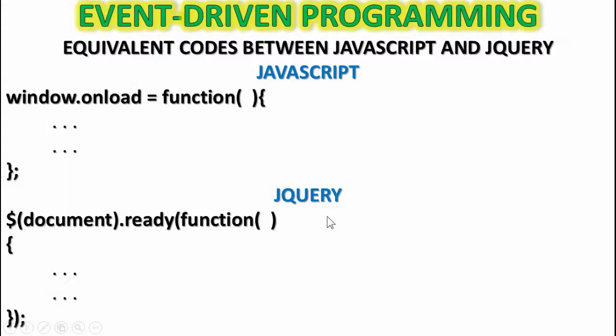Next, let us learn also event-driven programming in web page programming. The JavaScript window onload event is triggered when a web page is loaded. On the other hand, the jQuery ready event is triggered when the document object model is set and ready. Both are the same. Bootstrap uses the jQuery JavaScript library.